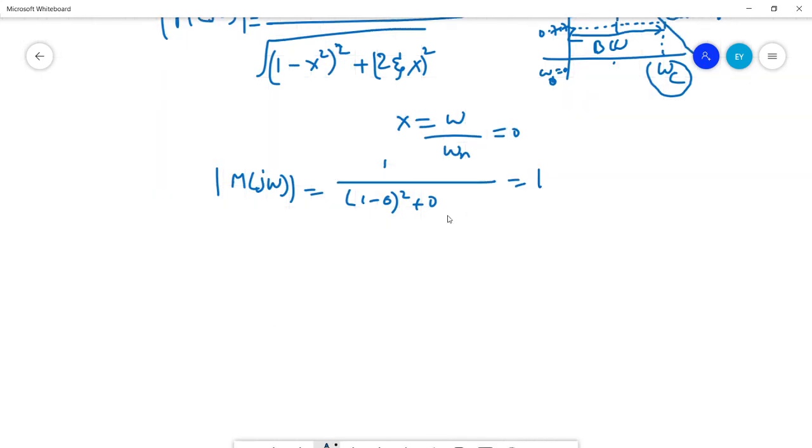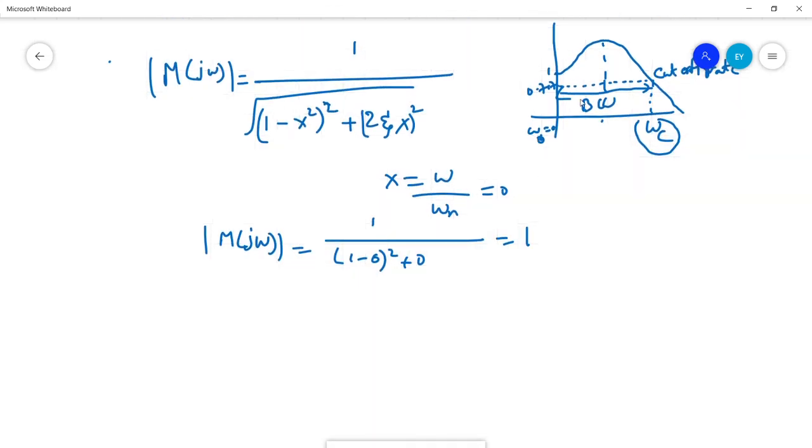Then what we need to find is the bandwidth, which is actually the magnitude plot at 0.707. What is the definition of bandwidth? Bandwidth is defined as the frequency at which the magnitude M of j omega drops to 0.707. At the magnitude of 0.707, whatever the frequency you are getting is nothing but the bandwidth.